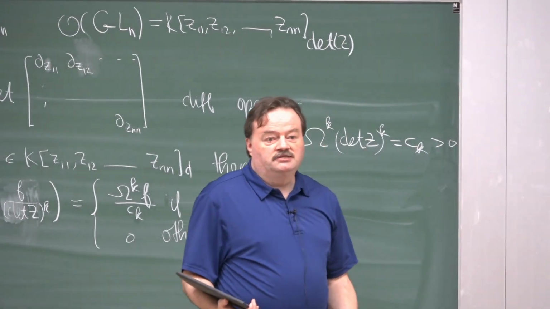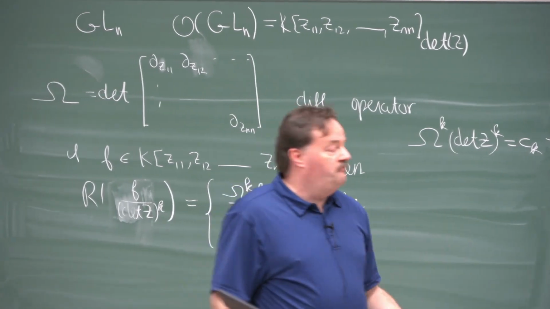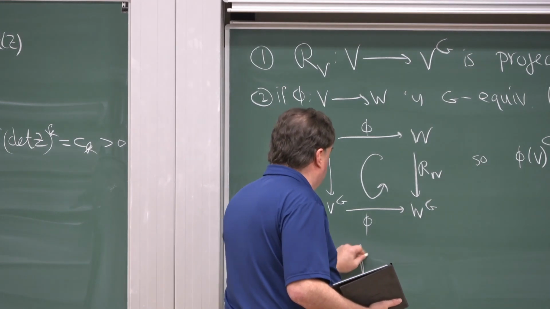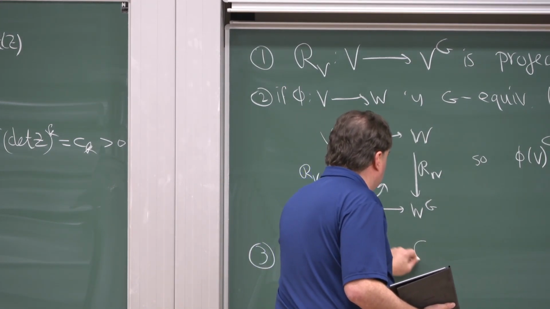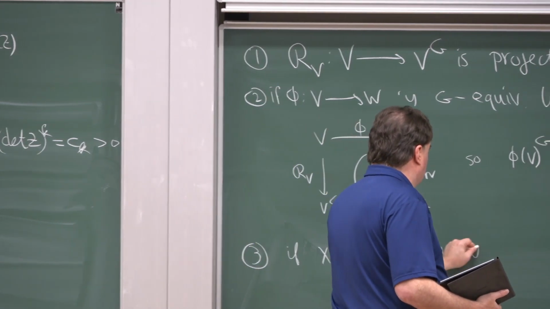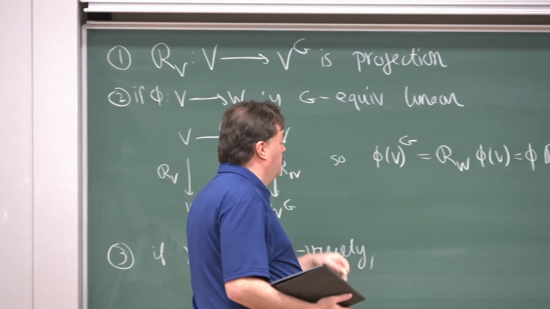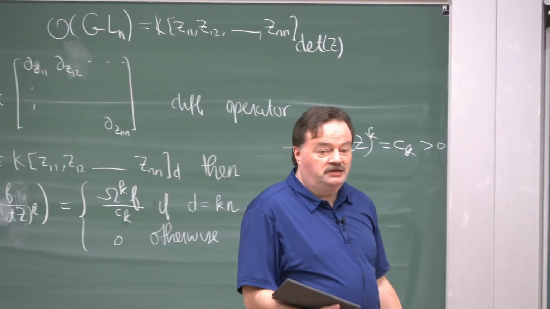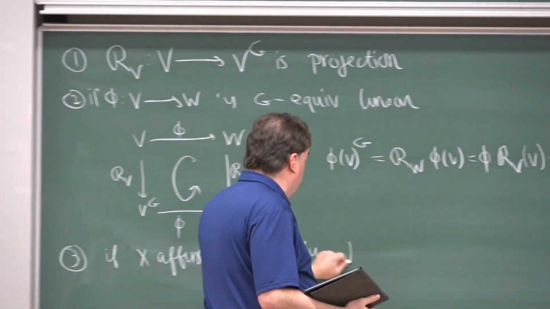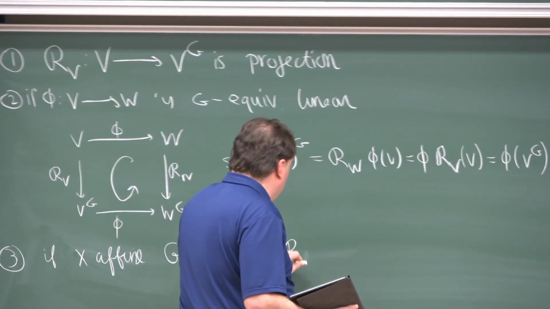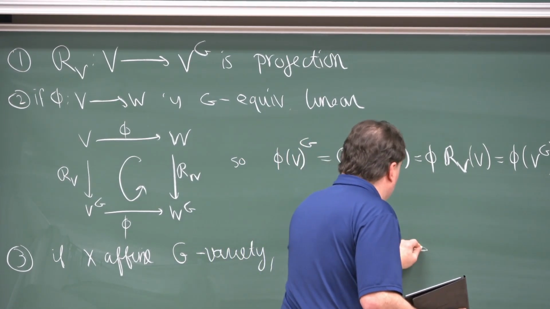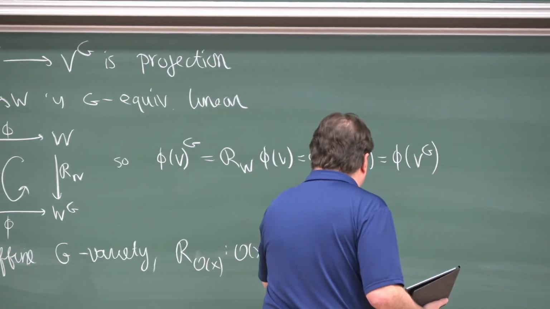One interesting case is if X is an affine G-variety. Then G acts rationally on the coordinate ring of X, so we also have the action of a Reynolds operator that goes from O(X) to the invariant ring.